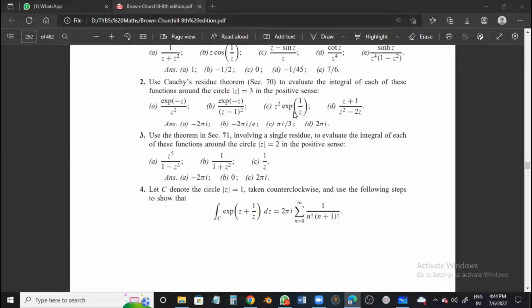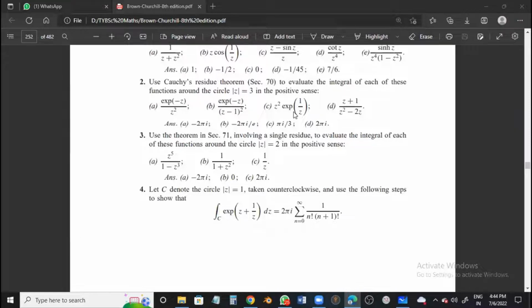What you have to do is expand exponential of 1 by z, and multiply it by z square. Because we are searching for the residue at the point where it fails to be analytic, meaning at z equal to 0, we will try to find the coefficient of 1 by z. Sure?